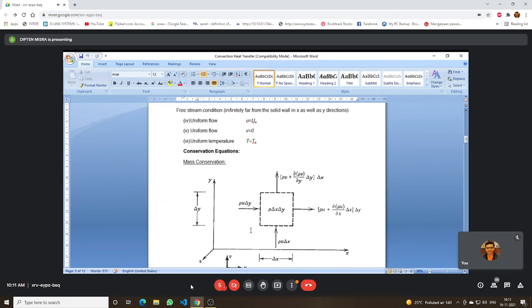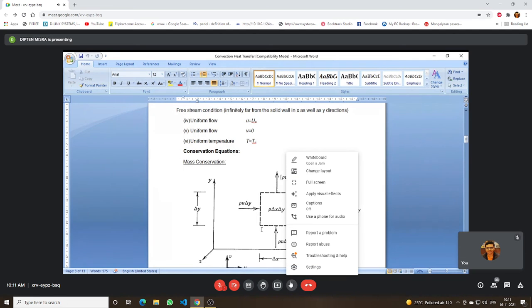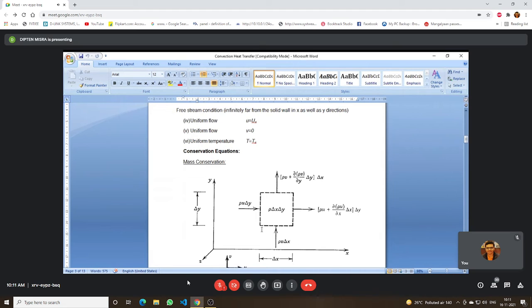The depth of this control volume, we can take it as a control volume of delta x, and the length along z is 1 unit, because nothing is changing, so we don't have to consider anything along z. Only thing, because it is a volume, so it has to have a depth also, and also something is entering through an area. You have to consider some area given by delta y into 1, and if you take an area along this thing, it will be delta x multiplied by 1.